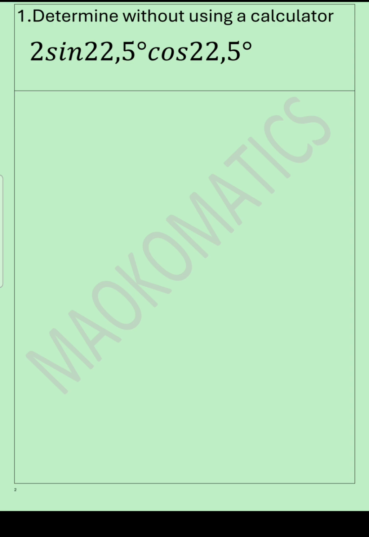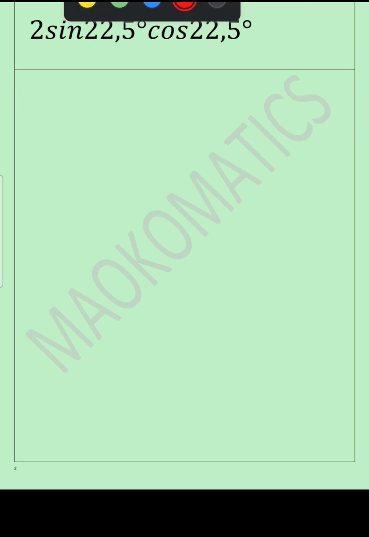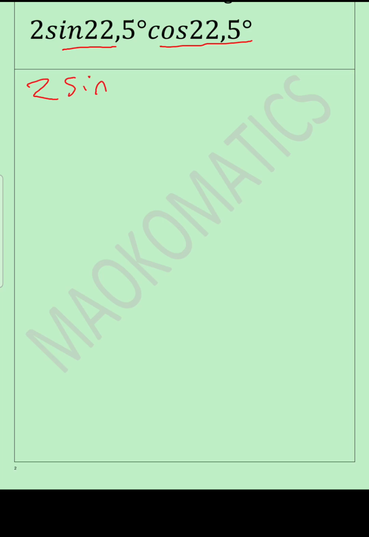Right, let's look at the first one: determine without using a calculator. So what do I have here? I look at this pattern here. This is sine of an angle, cos of an angle. So this follows 2 sine alpha cos alpha, which is the same as sine 2 alpha. It follows the double angle identity of sine.